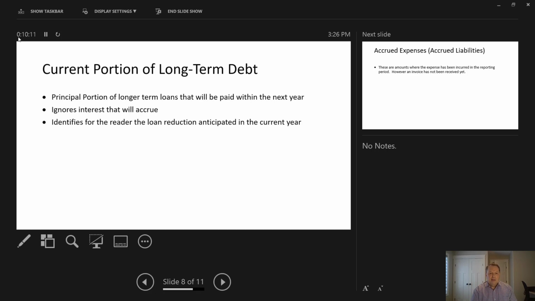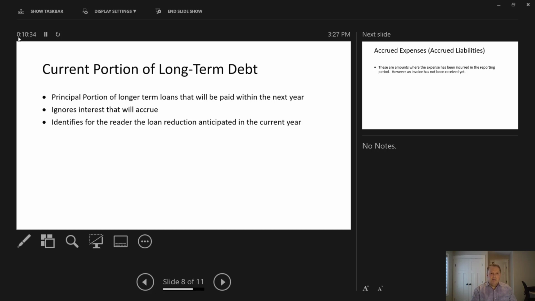When you do that, you'll figure out very quickly that if you want to have a very good view of where you are on a current basis with your debt, you're going to have to determine how much of those loans you're going to have to pay within the next year. And just the principal portion is what we're looking at.